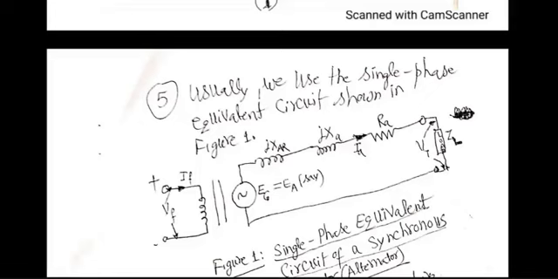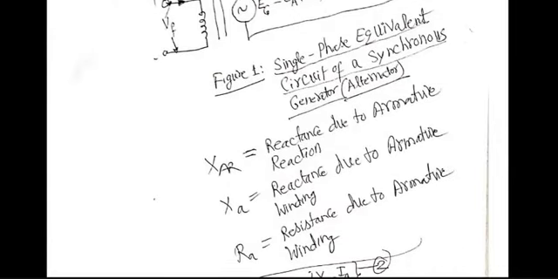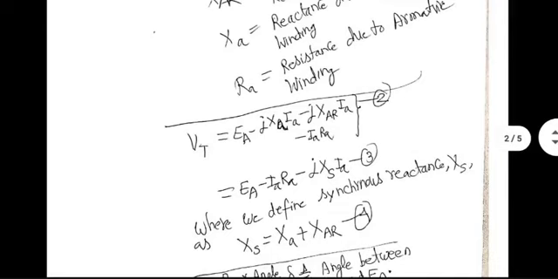And we give it a symbol X with small s. XA plus XAR is normally given a single name called XS. Okay, so equations are not that difficult.